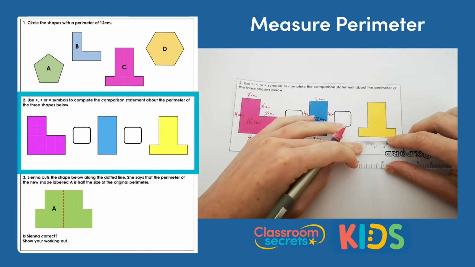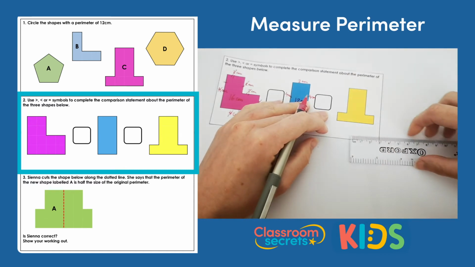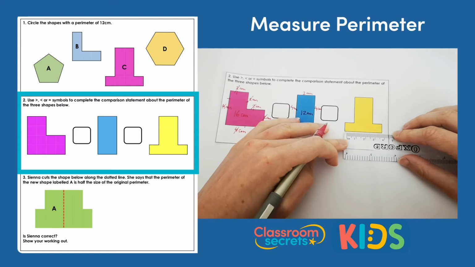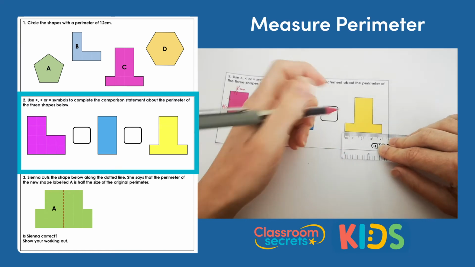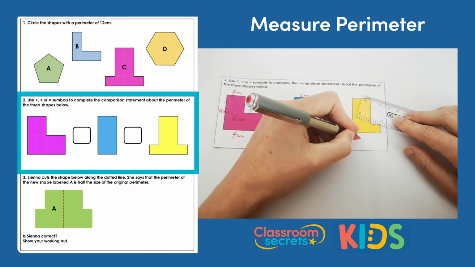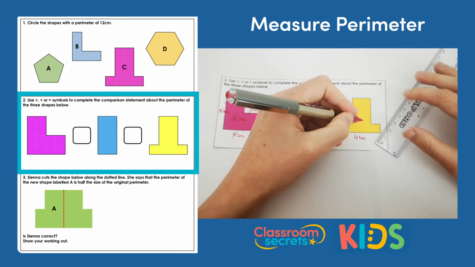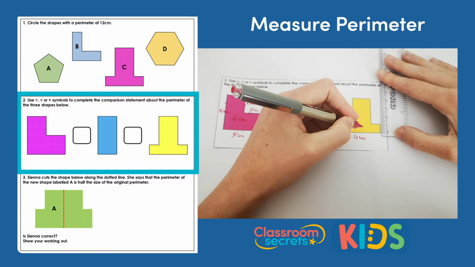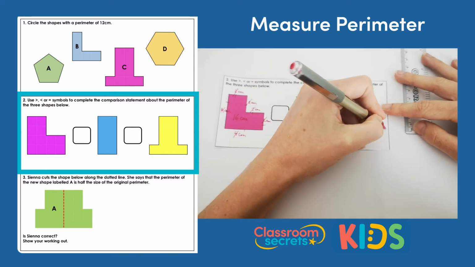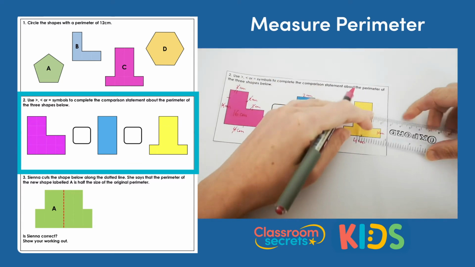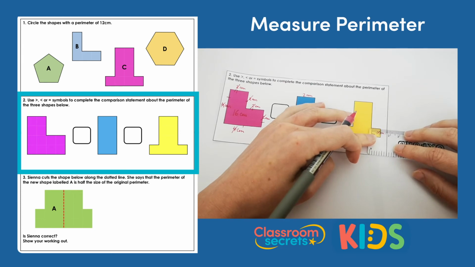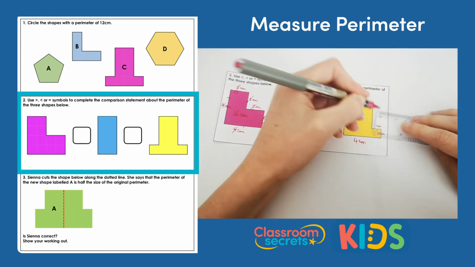And finally, the yellow composite shape. So if we line up the ruler with the edge of the shape, we can see that's 4 centimetres. That is 1 centimetre. That's also 1 centimetre.